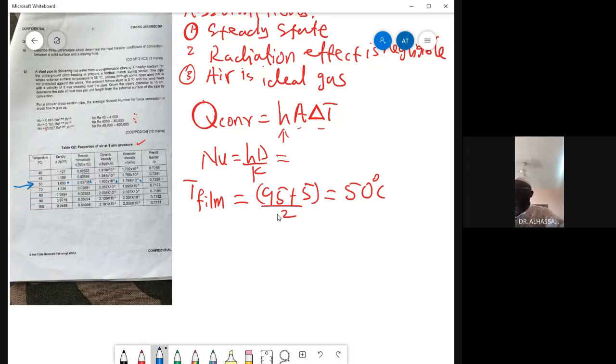Now let us determine the Reynolds number. In exams, whenever you determine these properties like this, write down everything on your paper, because you get marks for that.